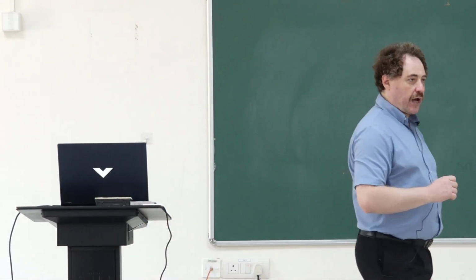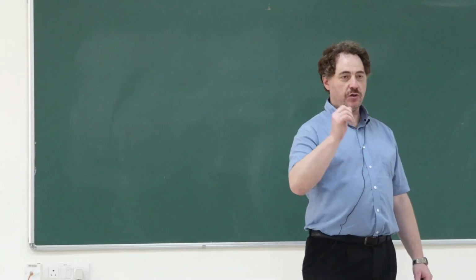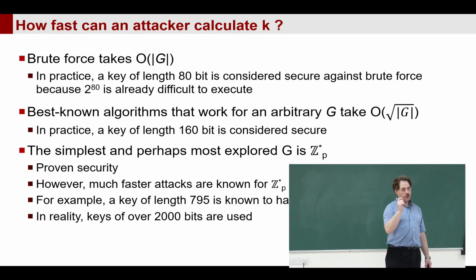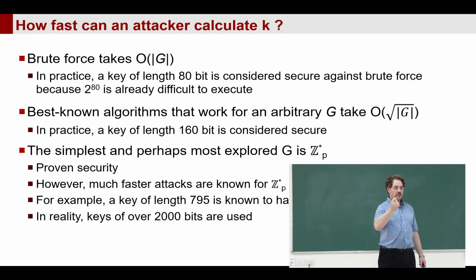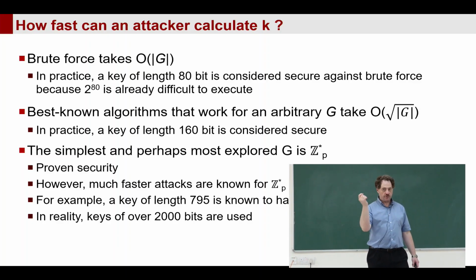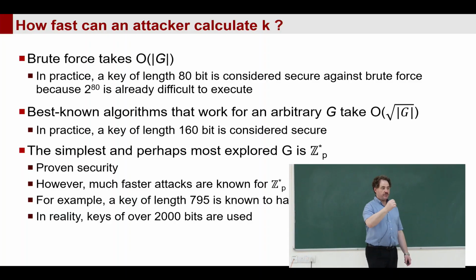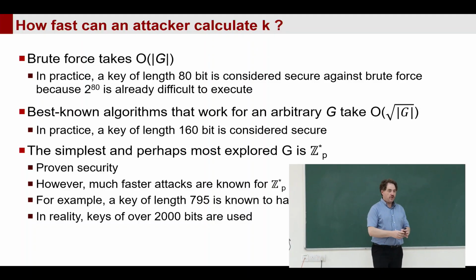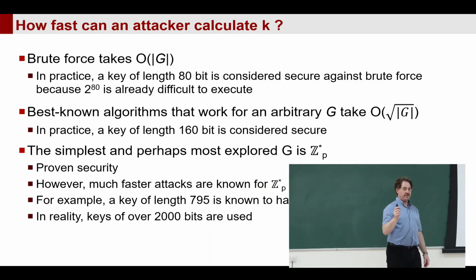The brute force algorithm: we have b, we have a, and we have g. We can just take b and start multiplying it by itself, to the second, to the third. That would take a number of operations which is linear with k, because the attacker doesn't know k.